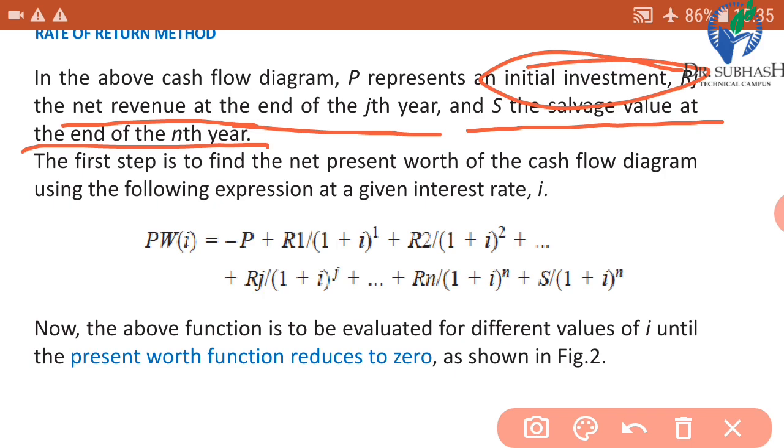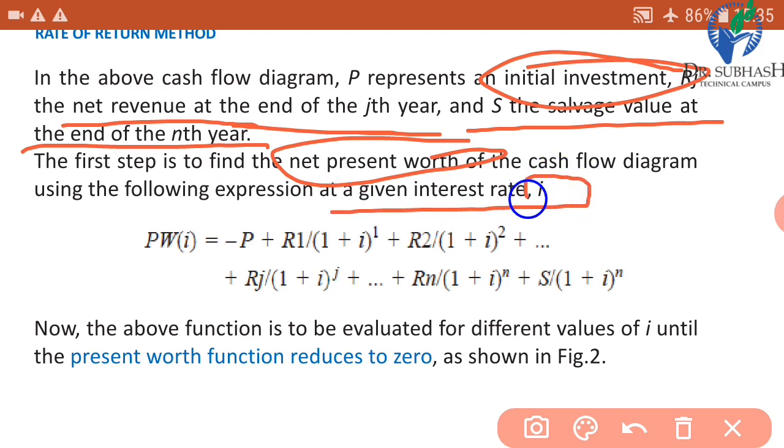The first step is to find the net present worth of the cash flow diagram using the following expression at the given interest rate of i.